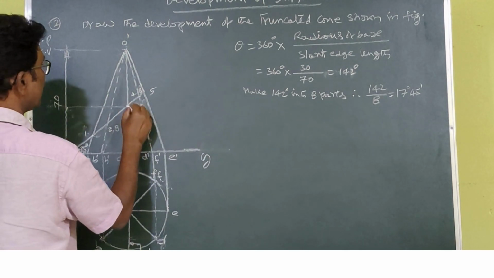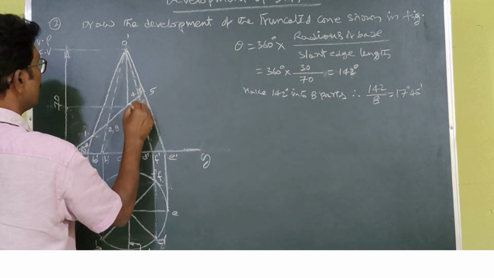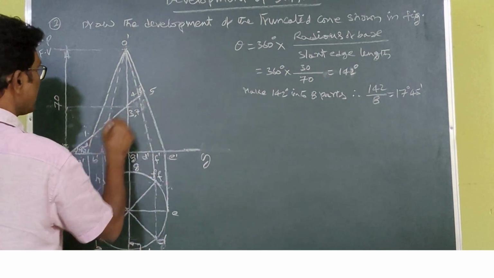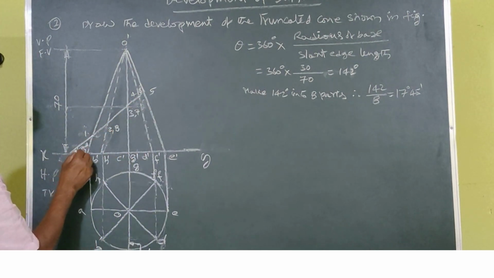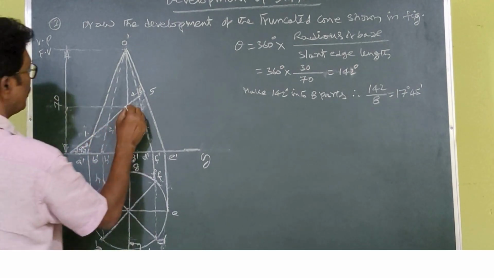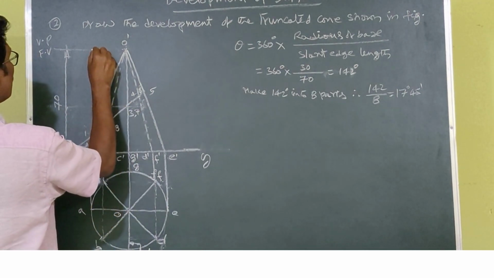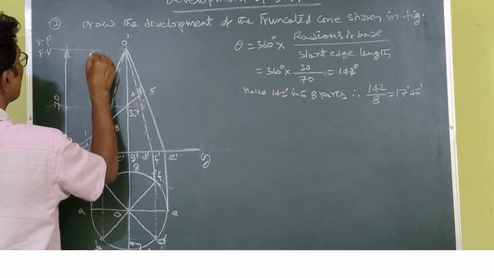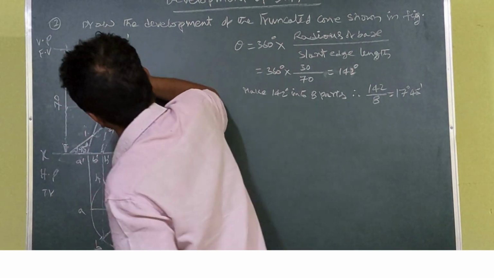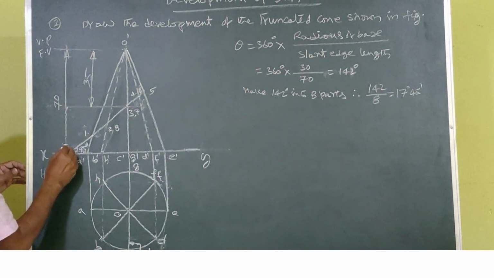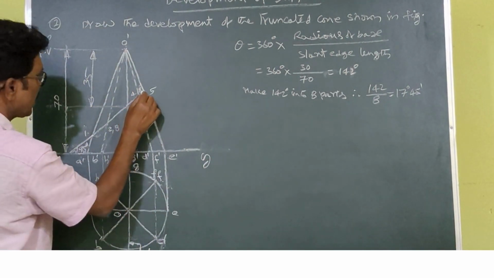At this point you set up 45 degrees, and you draw this line. This is the cutting plane. I have shown here 45 degrees. This height is equal to 35, and the total height is 70. So this is the cutting plane.